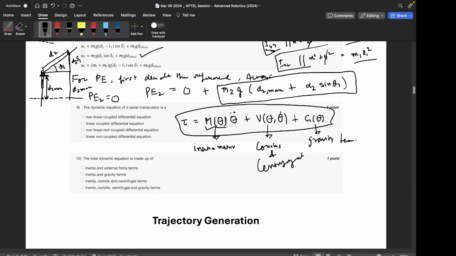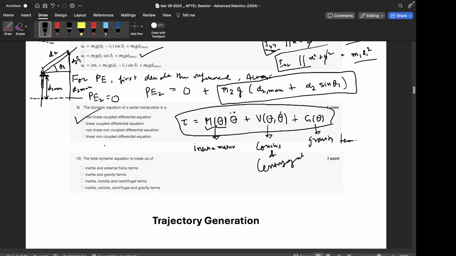So it's a coupled differential equation. All the variables theta 1, theta 2 are multiplied together, and since there are square terms involved, the degree is more than 1, so it's also non-linear. So it's a non-linear coupled differential equation.